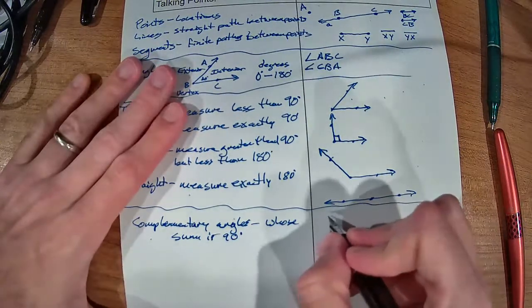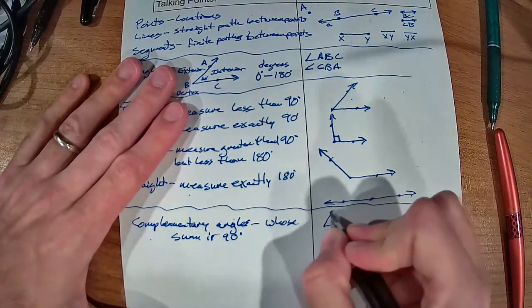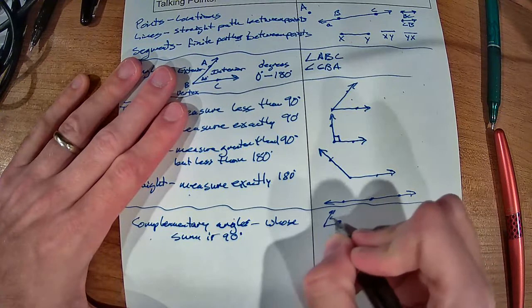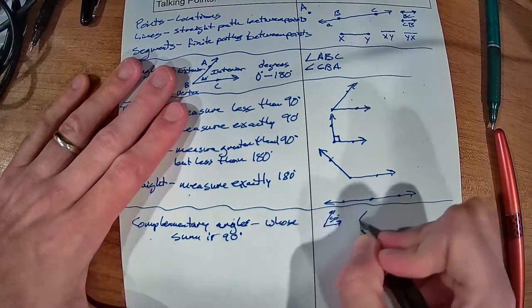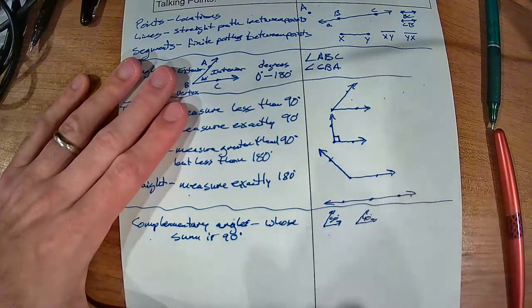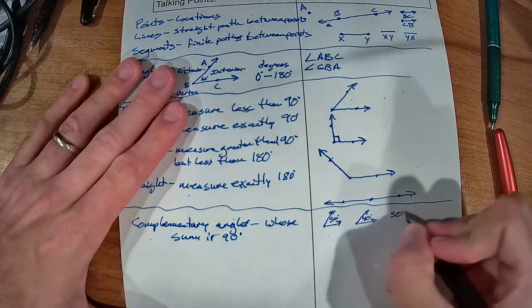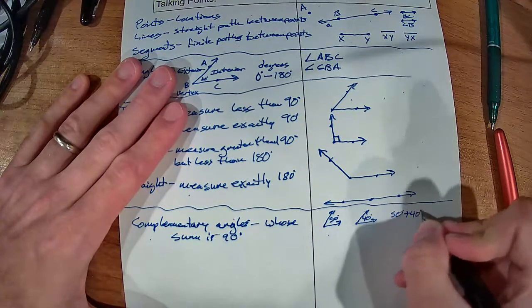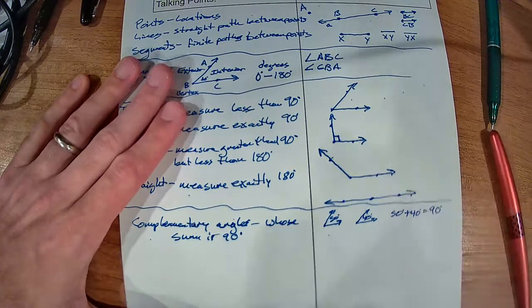So for example, if I had an angle here, I don't know, we'll draw it kind of small. Maybe it's 50 degrees. And then I've got another angle here, maybe just a little bit smaller, and it's 40 degrees. All right, if I take 50 degrees and add it to 40 degrees, obviously we would get 90 degrees.